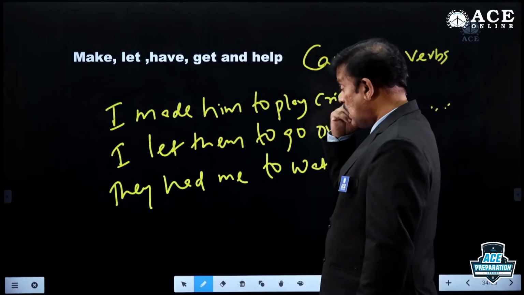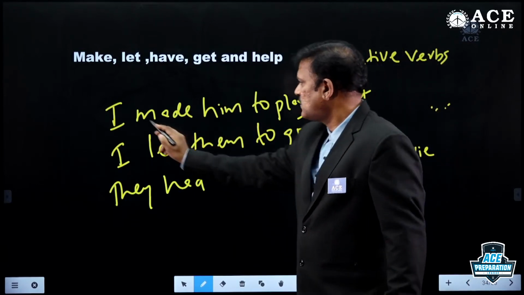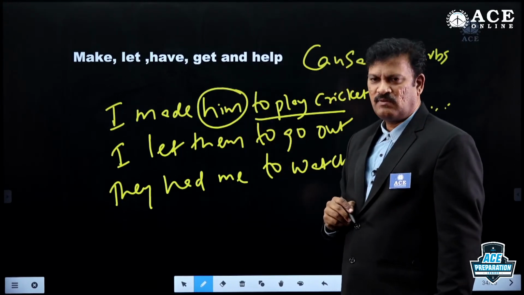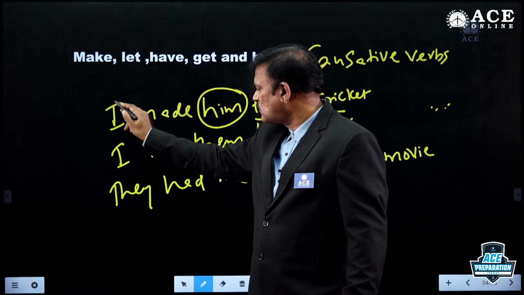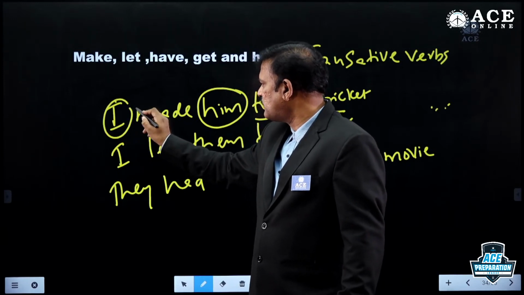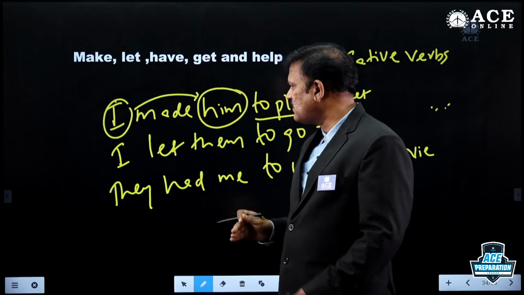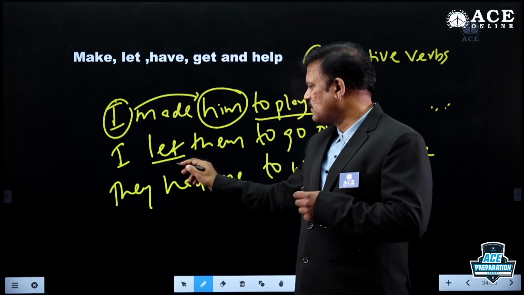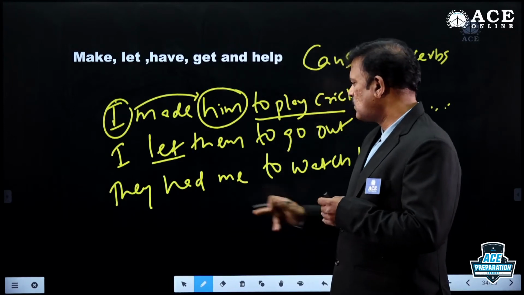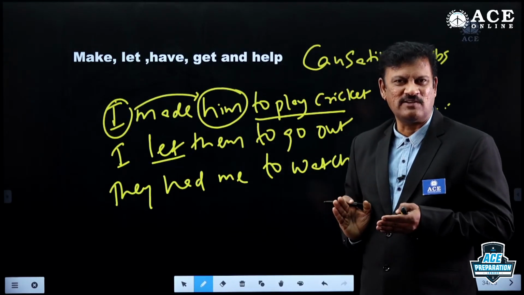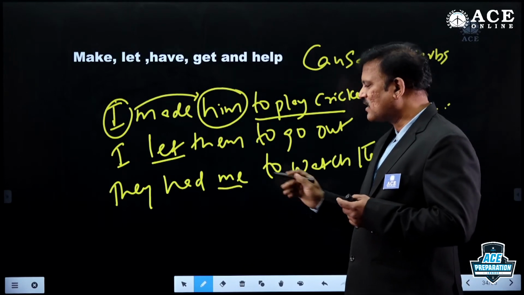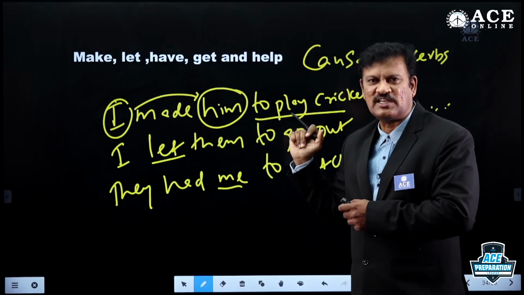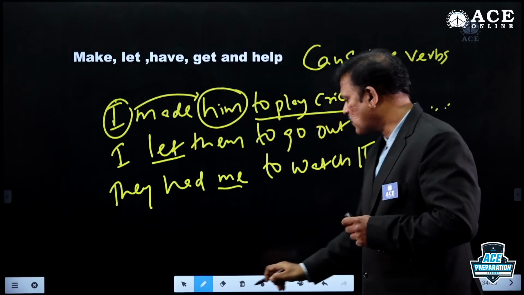Look at this. I made him to play cricket. Who is actually playing cricket? This fellow. Look at this one. Action is going from this. It means some kind of force. Here, maybe you can say permission, permit. Some kind of force is applied here. So this is what causing the object to do that. Our subject is not doing the action. Okay, so what's the problem?